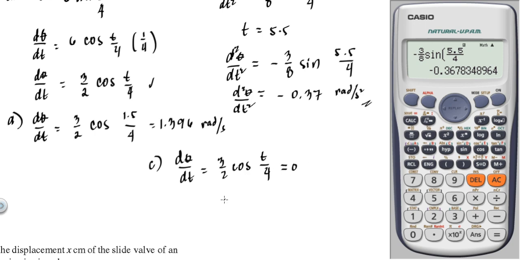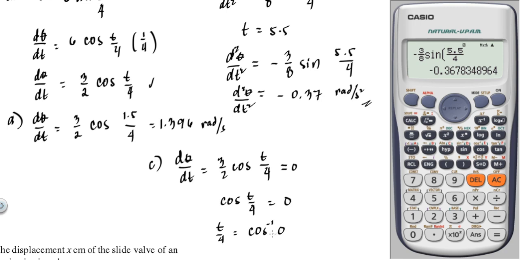So we have here cosine of t over 4 equals 0. Inalis ko na to kasi pag nilagay ko siya doon, dinivide ko both sides by 3 halves, 0 na rin yan. Then t over 4, then cosine inverse.